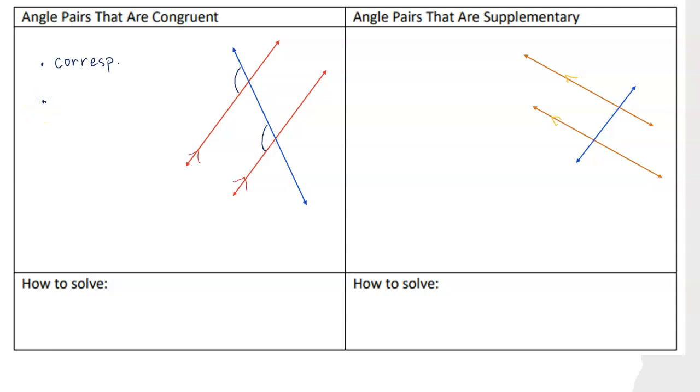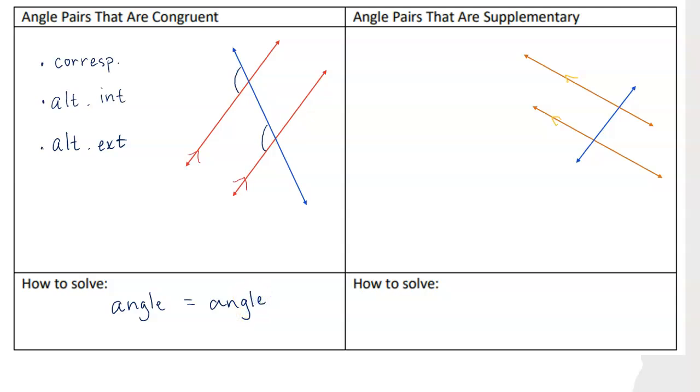The other ones that are congruent are the ones that are on opposite sides of the transversal. So alternate interior angles are congruent and alternate exterior angles are congruent. The way you solve these is you set the angle equal to the other angle, because they're congruent.